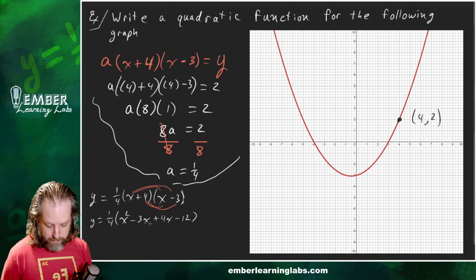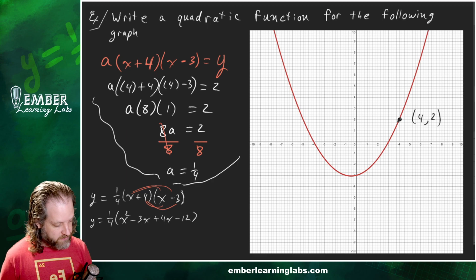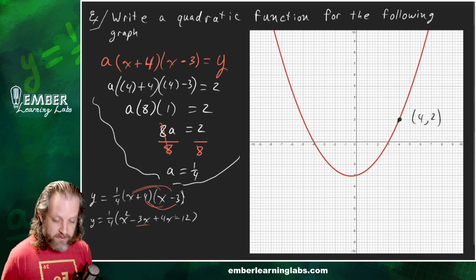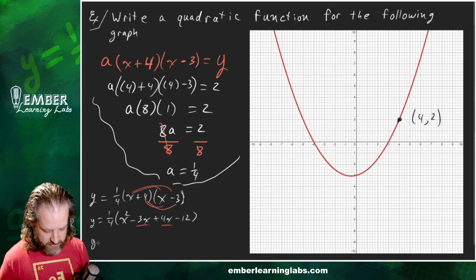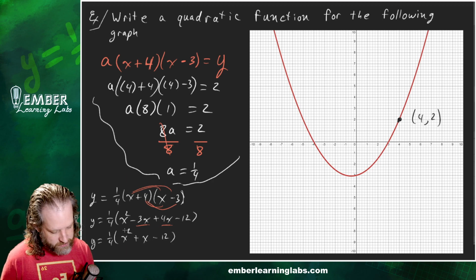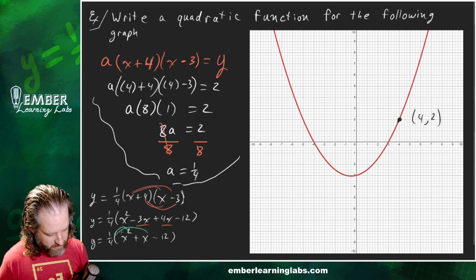Negative 3x plus 4x, we've got common like terms. So negative 3x plus 4x is just x. So this is y equals 1/4 times x squared plus x minus 12. So now we're going to distribute this here.